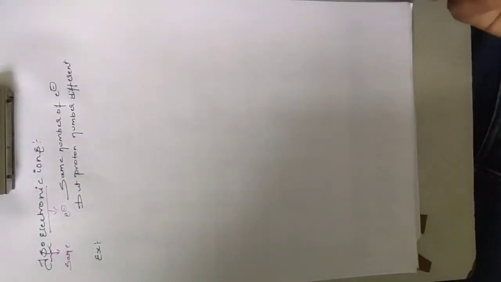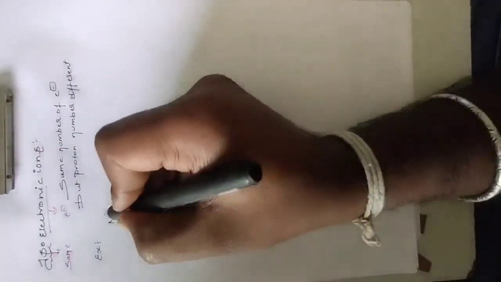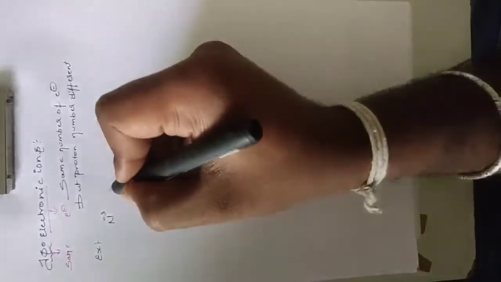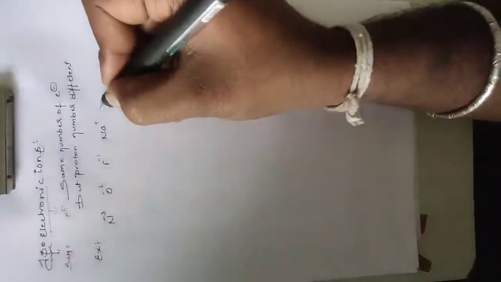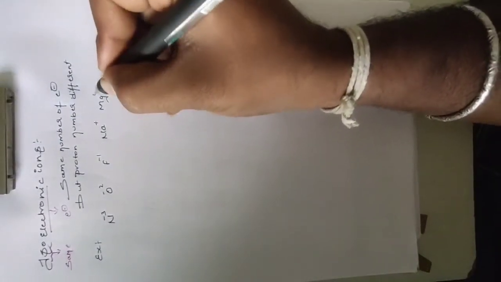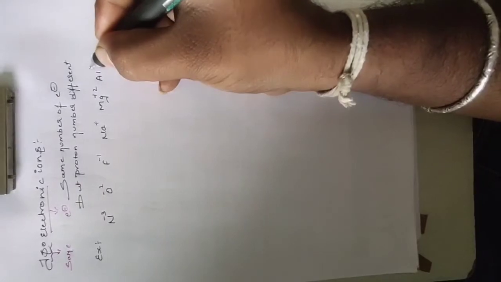For example, you take nitrogen minus, oxygen, fluorine, sodium, magnesium, aluminum. Okay, these are all anion charges, these are all cation charges.